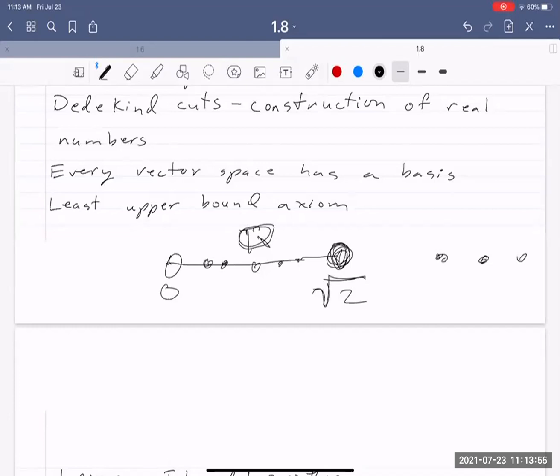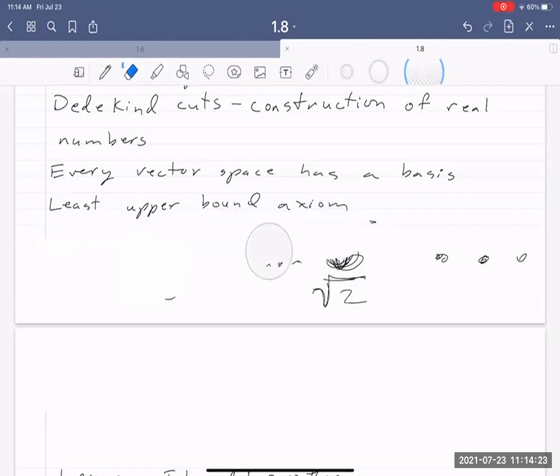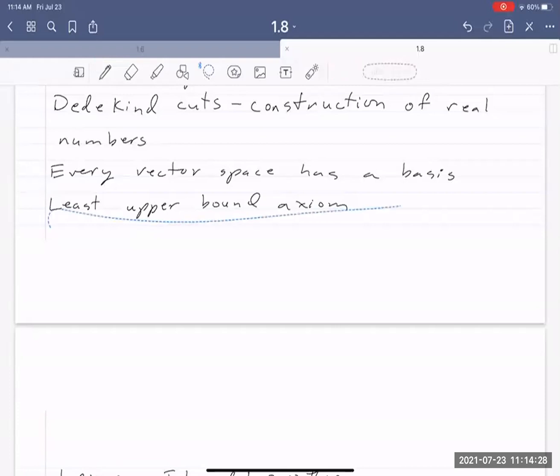So the rational numbers do not satisfy the least upper bound principle because this set here does not have a least upper bound, meaning there's no member of the rationals that is equal to the least upper bound. If it were reals, then it does. And that's one of the good things about real numbers, that they satisfy the least upper bound or the greatest lower bound principle. Well, they satisfy both.